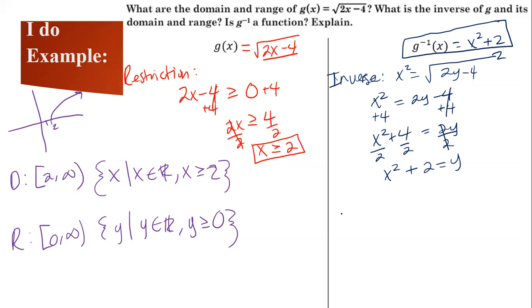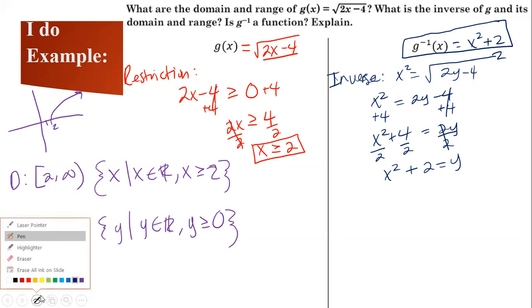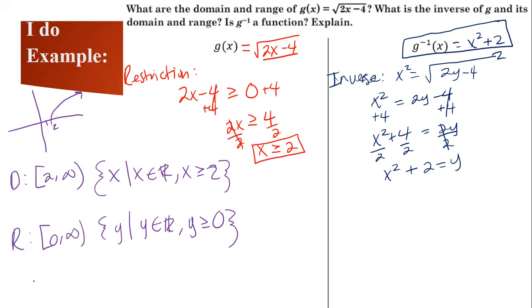Okay, this is the easiest part here. Now that you have your inverse, your domain and your range come from your original. Remember, your inverse is saying that you're taking this and it's being reflected over the y equals x line. So its graph is doing a little bit different. It's starting here and it's going to reflect, right? And because our x and y switch place, that means our domain and range switch.